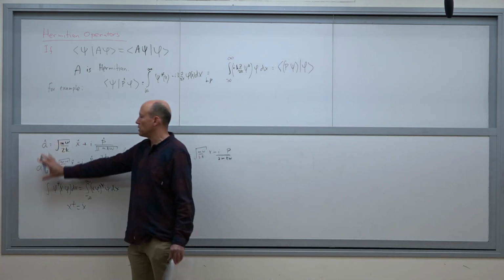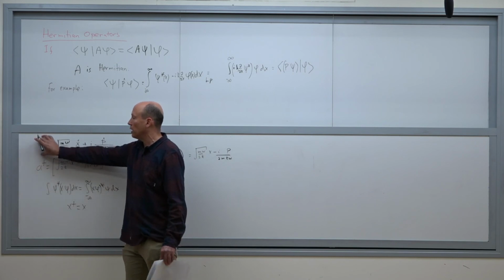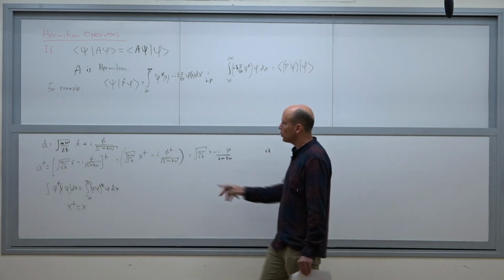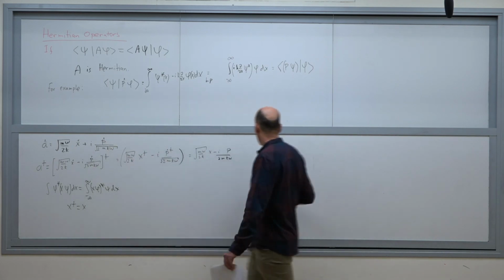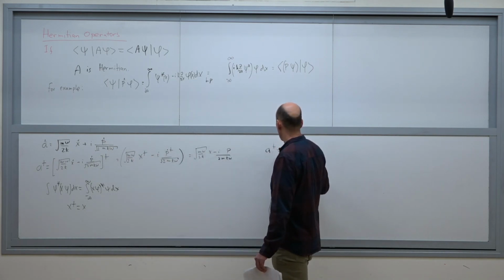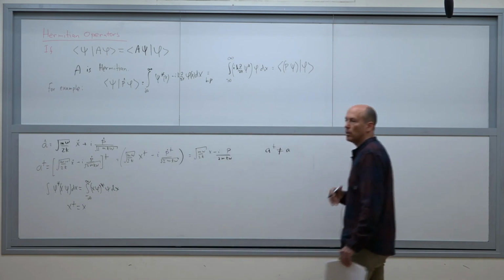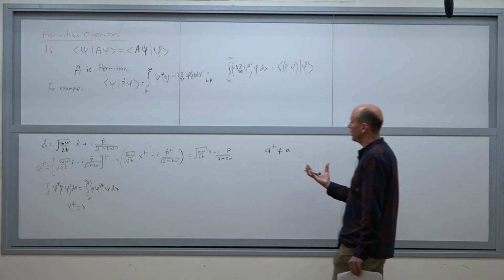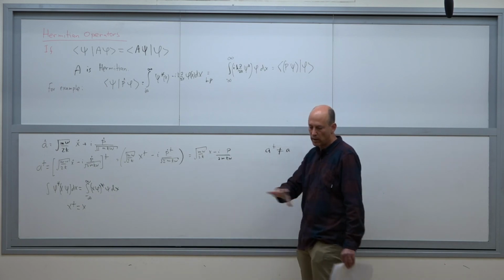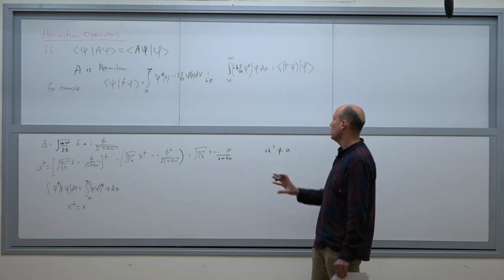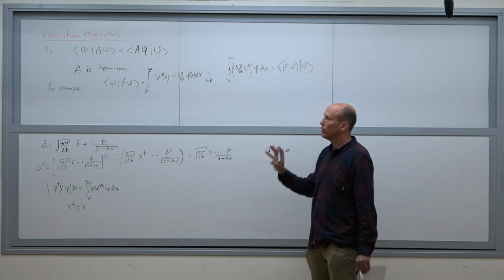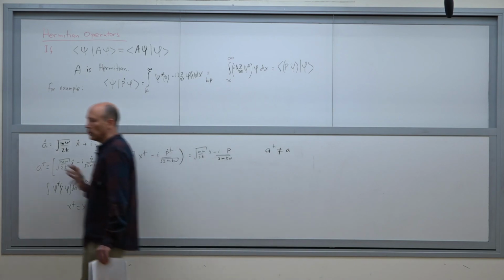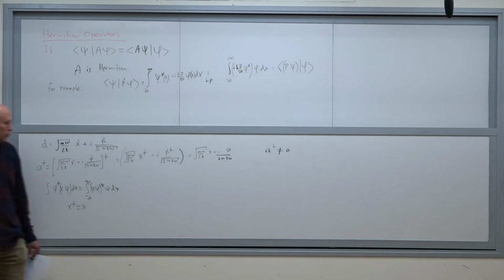I called this A dagger, but now you see the A dagger is really the self-adjoint of A, and in this example, of course, because of the minus sign, A dagger is not equal to A, and that's why these things are important physically. They take you from one level to the upper level or lower level, but they are not associated with physical measurement directly, but they are operators in Hilbert space, and they are super important, of course.